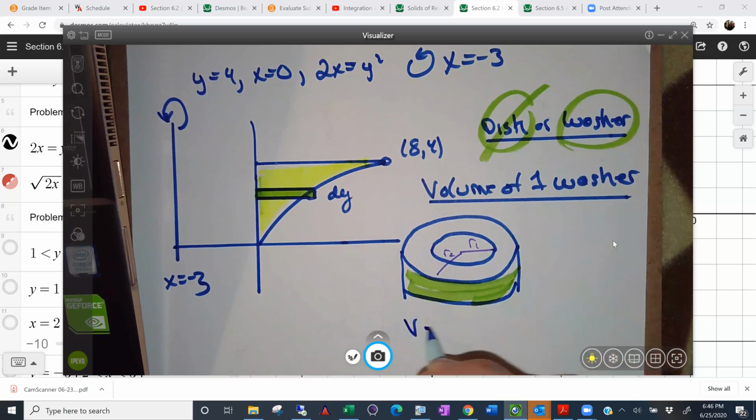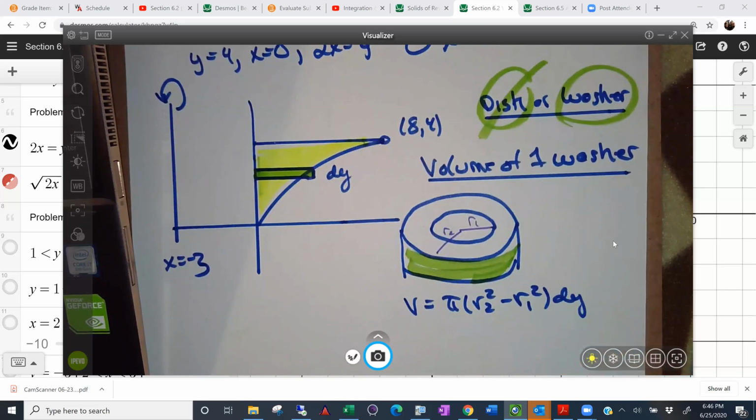Pi times R2 minus R1, dy, I guess it would be dy. Good. Both of those have to be squared though. So yeah, perfect, thank you. So pi times R2 squared minus R1 squared times the thickness, which is your dy. So it's just a matter of figuring out your thicknesses. I need an R2 and an R1.